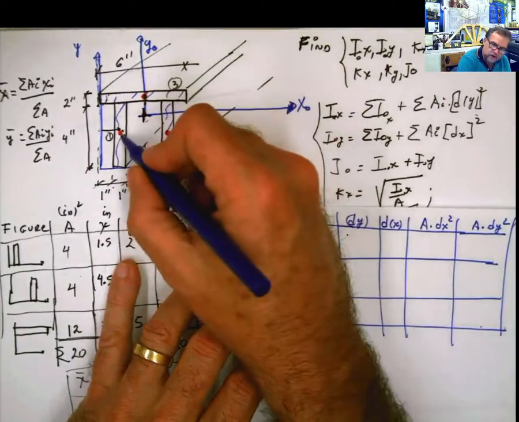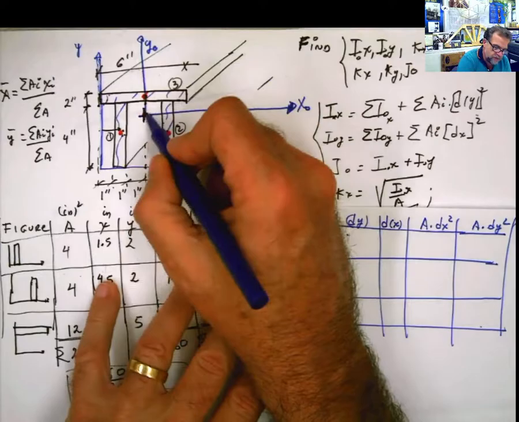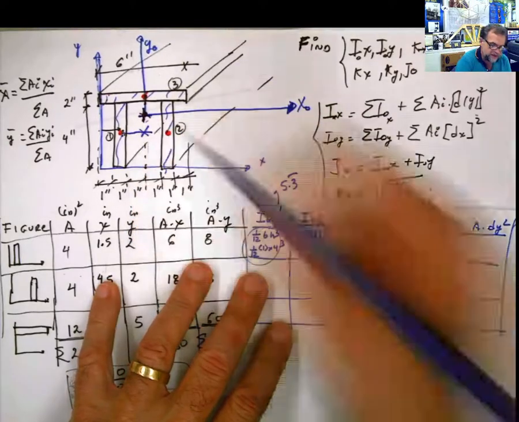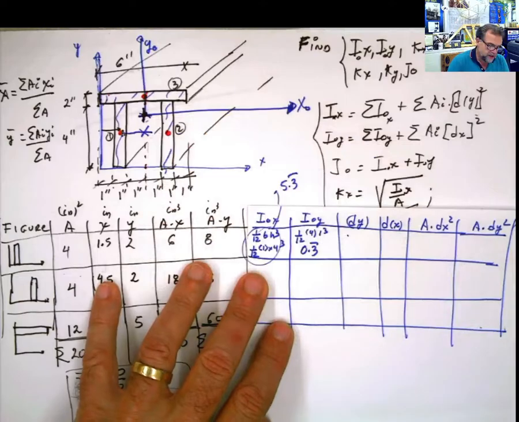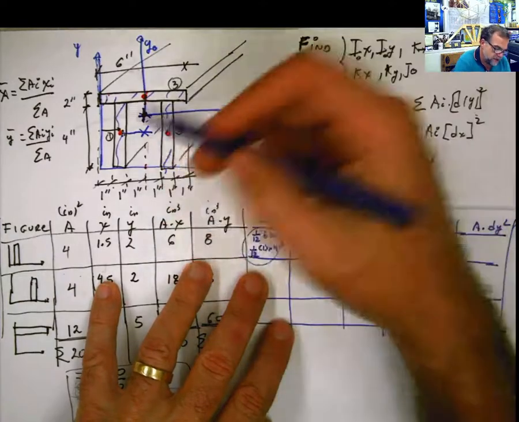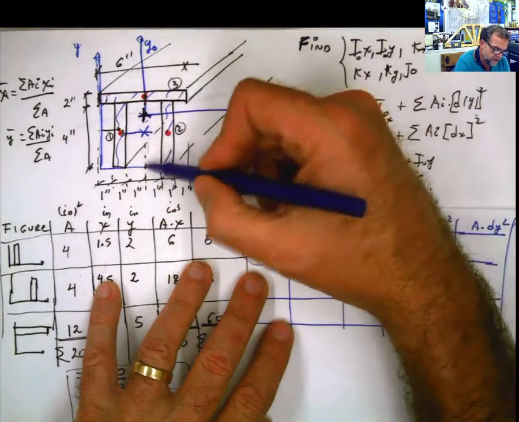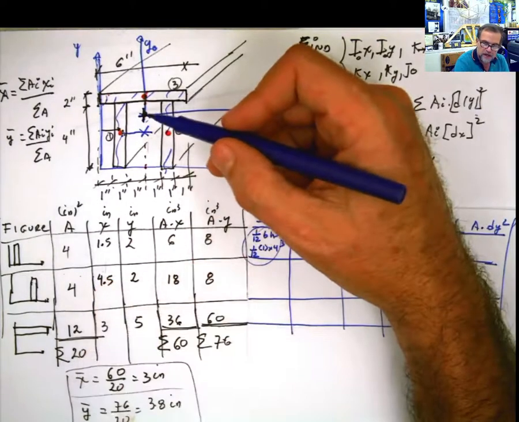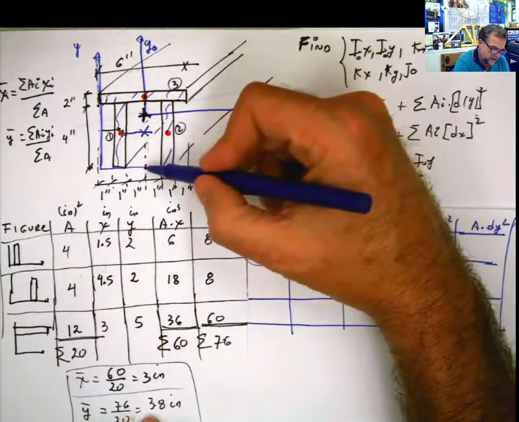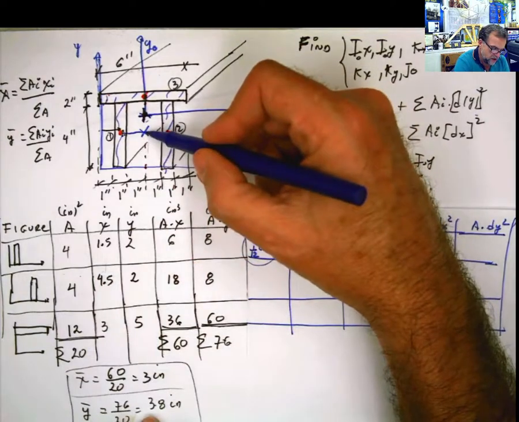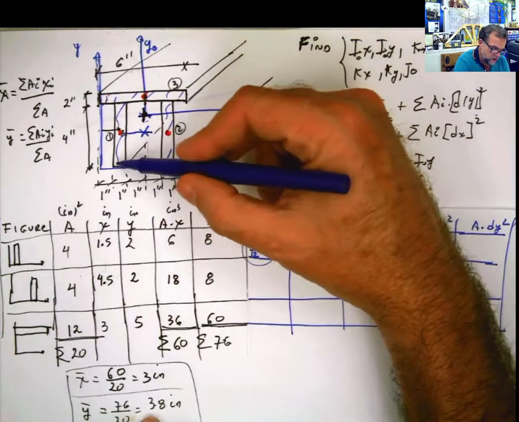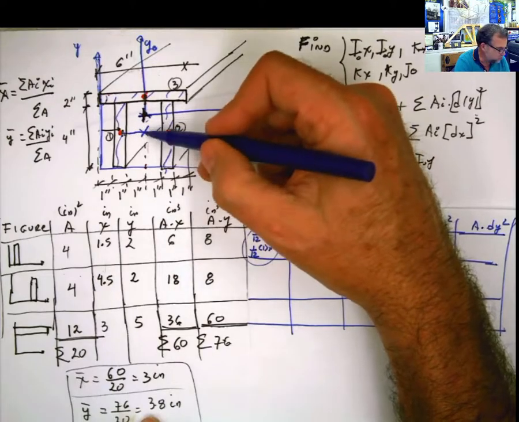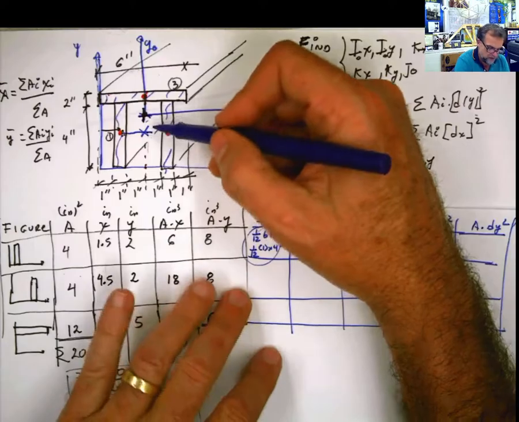The centroid of figure 1 is here, the centroid of the composite figure is here. The distance I'm looking for is this. How much is that distance? Well, the distance from here to here is 3.8 because we just calculated that. And the distance from here to here is 2, so it's 3.8 minus 2, 1.8.